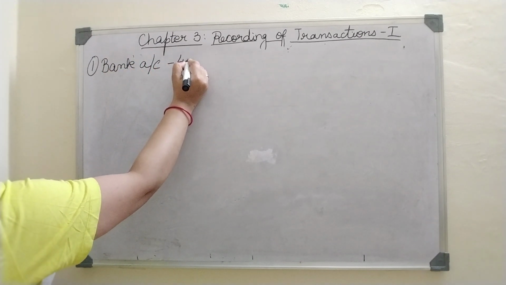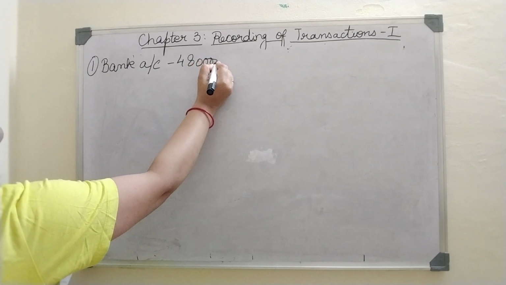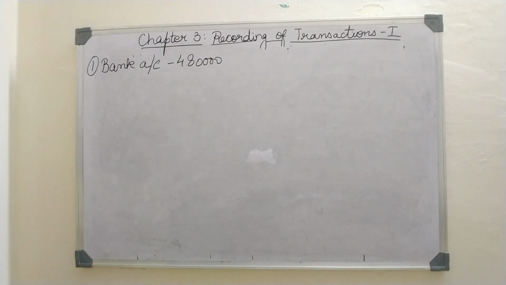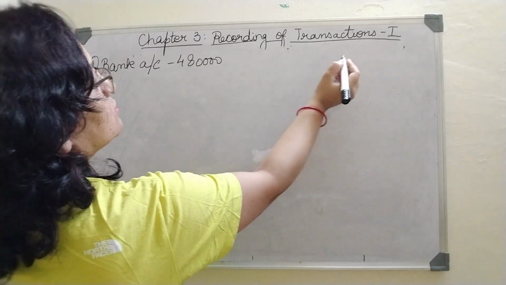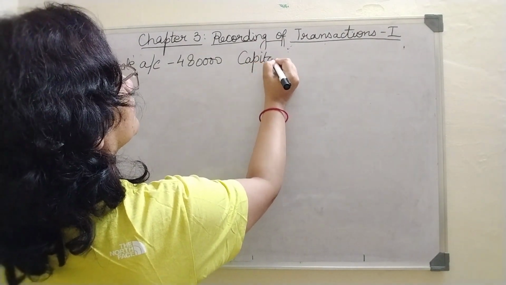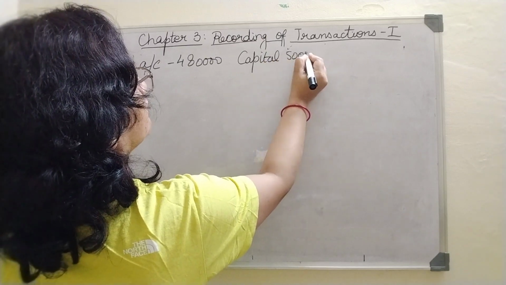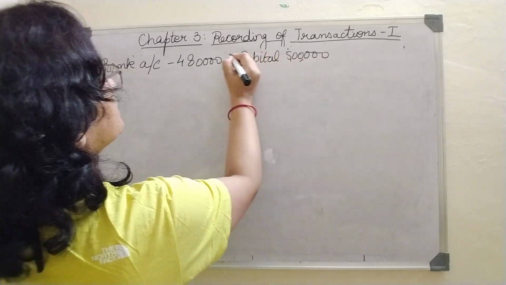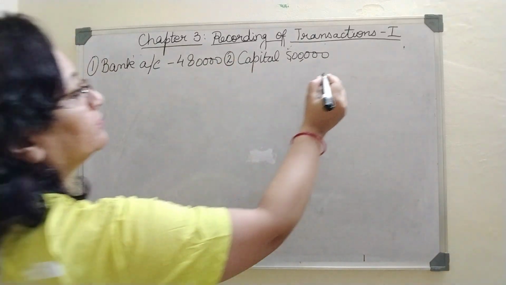Bank account has 4,80,000. Now if in the bank it is there, and previously it was told to you that capital was 5 lakh, so we have capital as 5 lakh. You see all these things in different points, right?